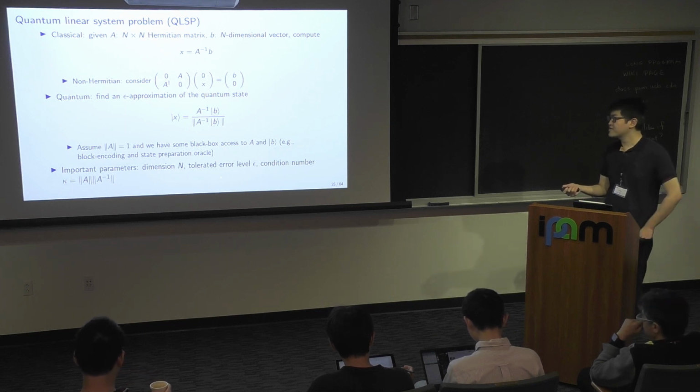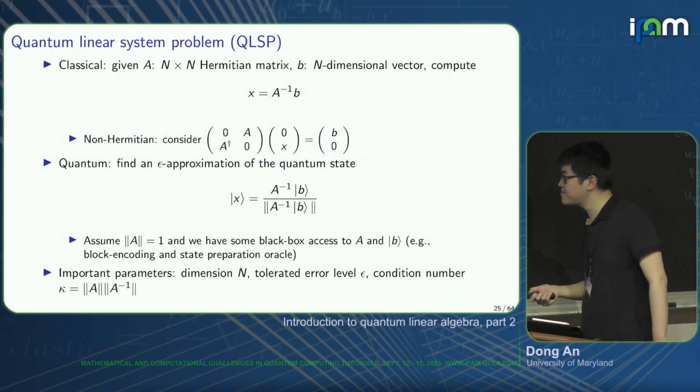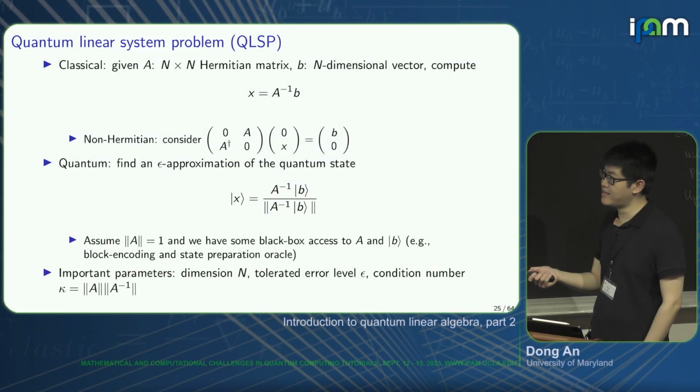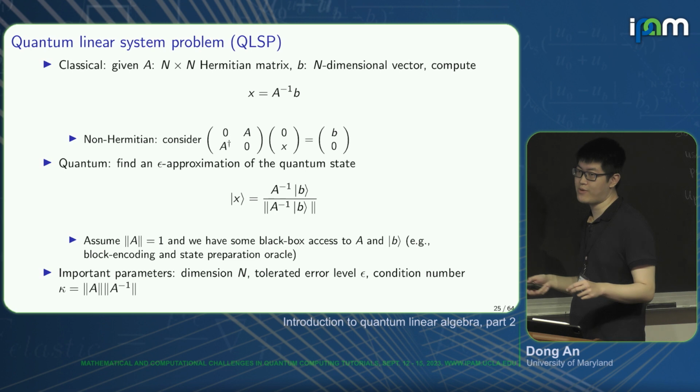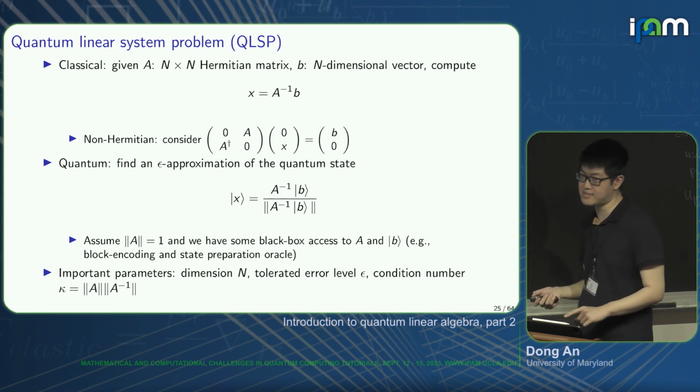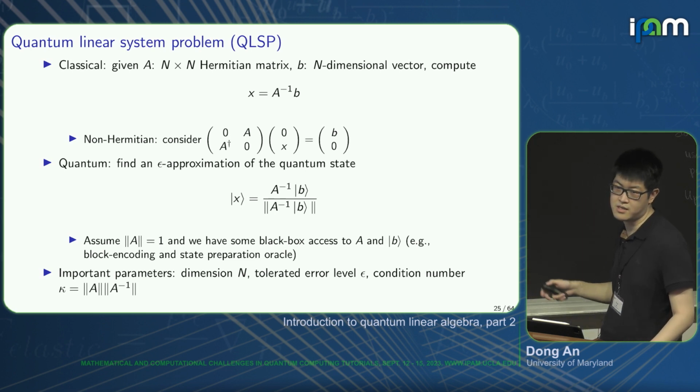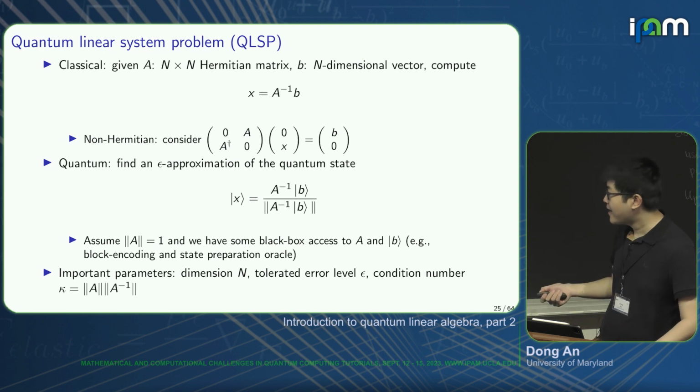One parameter is the tolerated error level epsilon. That is, the state cannot be prepared exactly, so we have to have some approximation. The error is measured in the quantum state in the sense of the vector 2-norm. Another important parameter is the condition number.